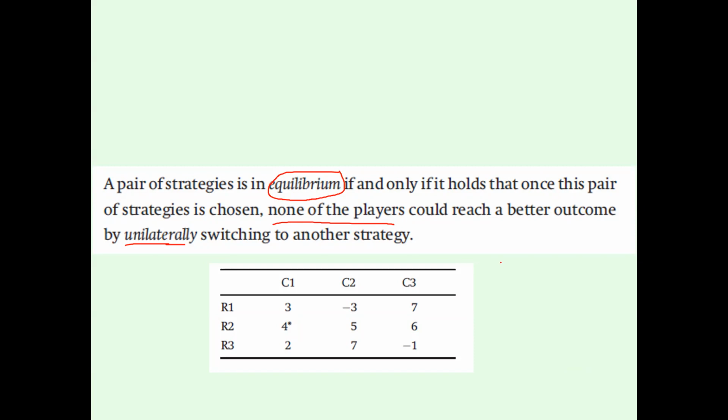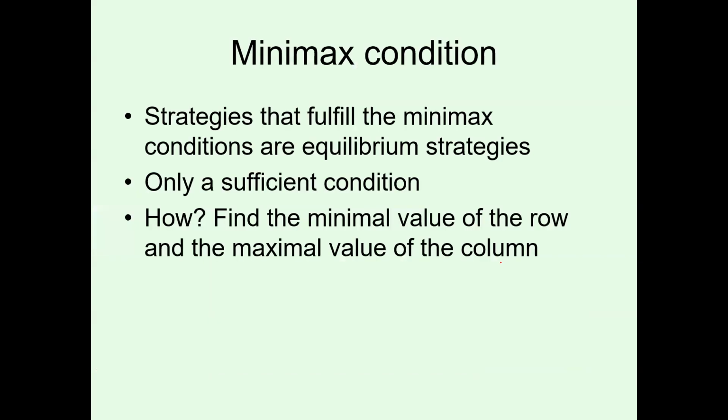Kung ang game natin is zero-sum, we call that the minimax condition. So ano ba ibig sabihin? Strategies that fulfill the minimax conditions are equilibrium, and it is only a sufficient condition. So meaning, pag ma-achieve mo ang minimax, then that's equilibrium. Di ba? Yan ang ibig sabihin na sufficient. Pag hindi naman siya ma-achieve, di ibig sabihin, wala equilibrium.